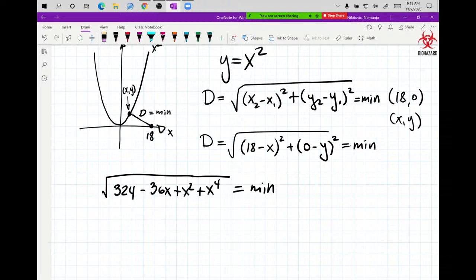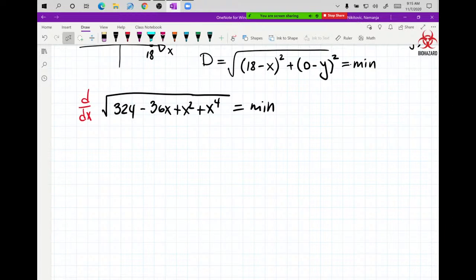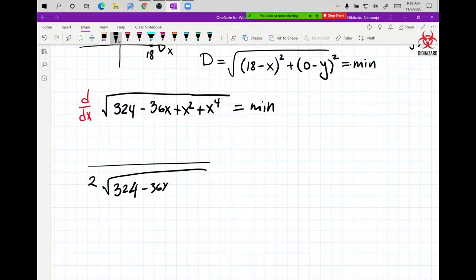So now we are ready for the derivative, and when you take the derivative, it's a square root, right? So it goes 2 times the same square root in the bottom, and then its derivative on top, which is 4x cubed plus 2x minus 36 equals 0.